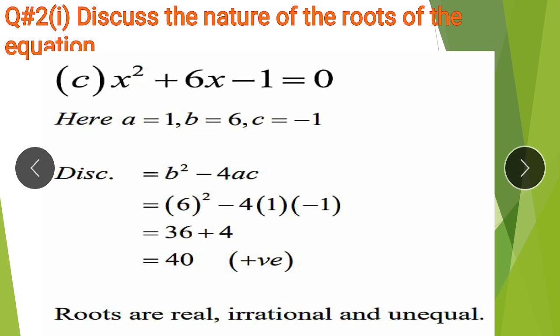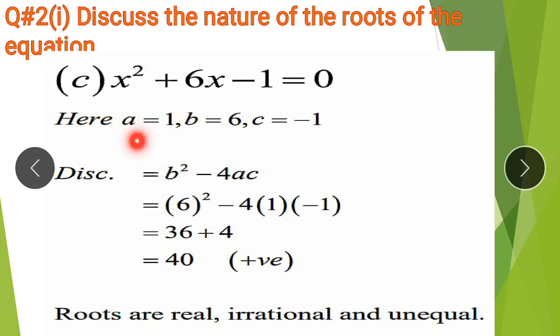Here is a question related to the topic that discusses the nature of the roots of the equation. Here we are not supposed to solve the equation, rather we are supposed to discuss the nature of the roots, meaning the types of the roots the equation has.